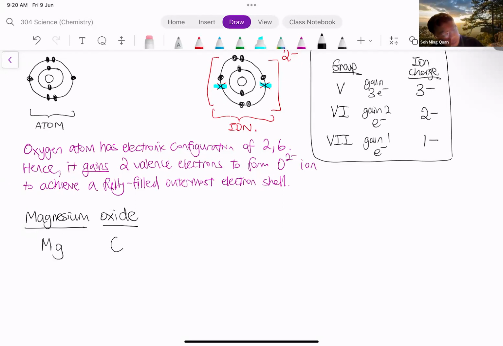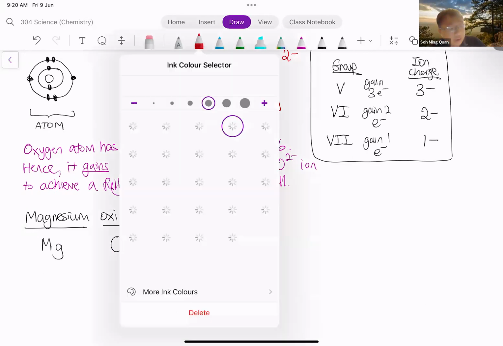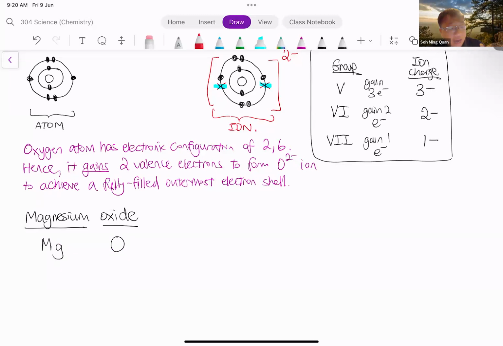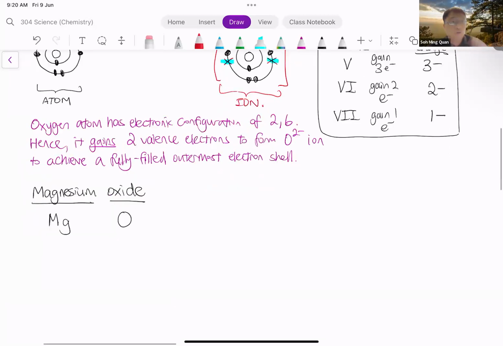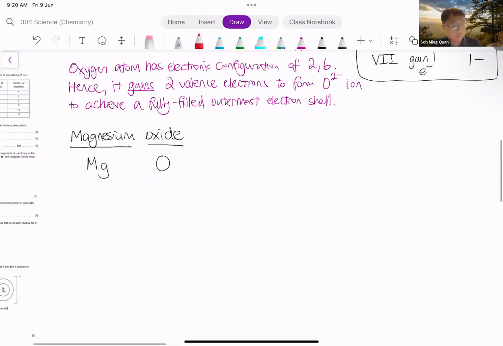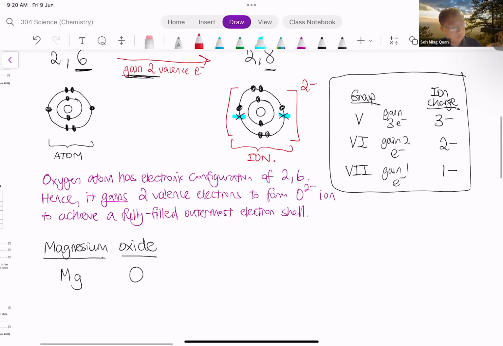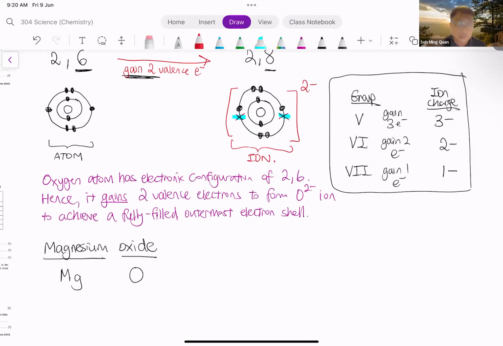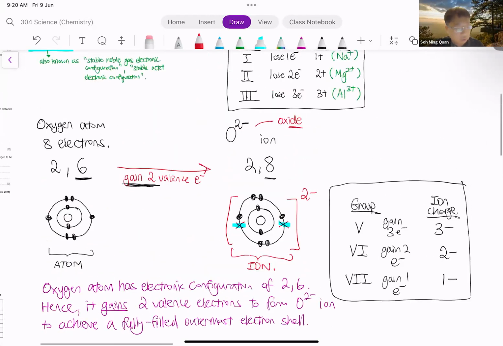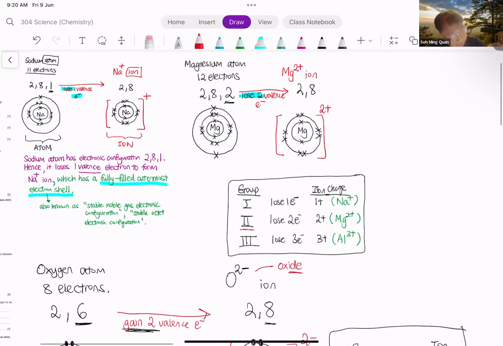Magnesium, then you have oxygen. But this is ionic, so I must consider their charge. How do I know their charges? I go to the periodic table, I look for magnesium. Magnesium is in group number 2. Group 2, just now I learned, the pattern is group 2 lose 2 electrons, so 2 plus, so Mg2 plus.